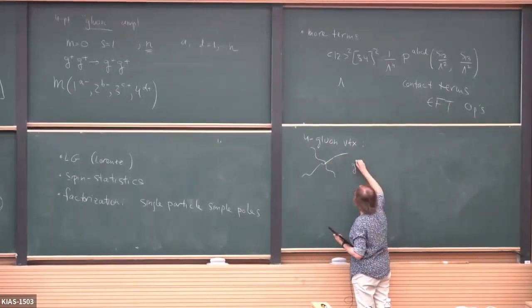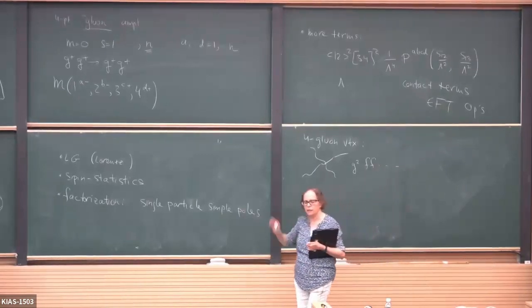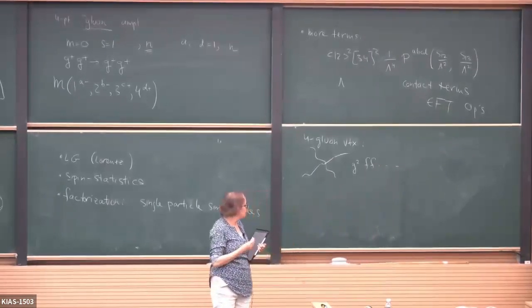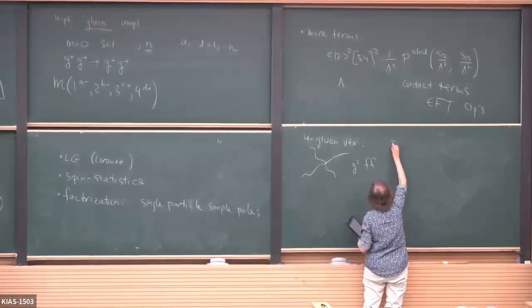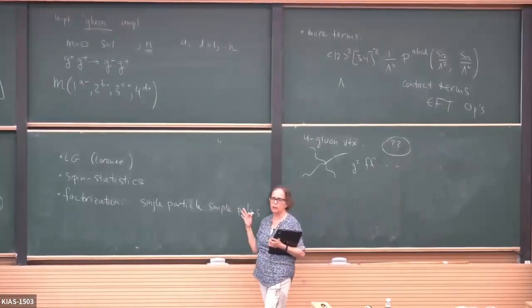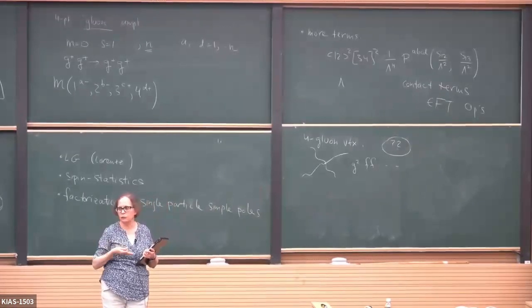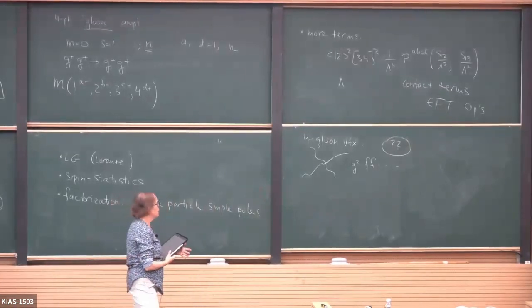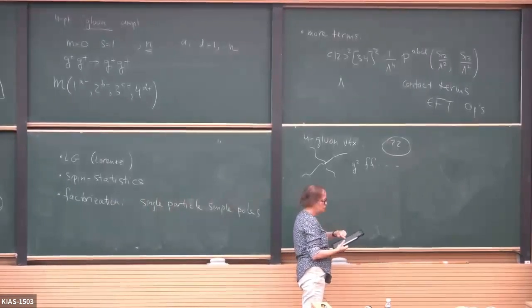So it goes like g squared and 2 powers of f, and it is a very complicated object, and you know it's there. So what about it? I mean, here it seems that I didn't need to think about it at all, right? We just talked about the 3-point amplitudes, which only know about the 3-gluon vertex. So how come we don't need this?